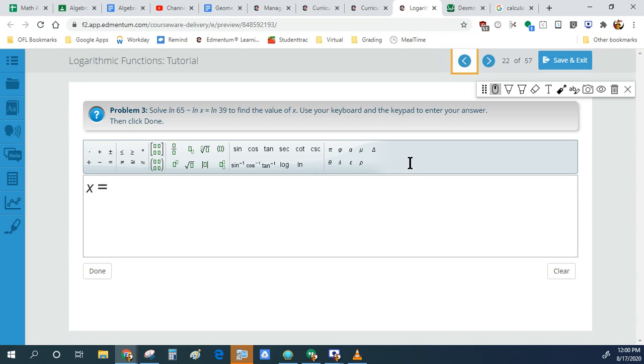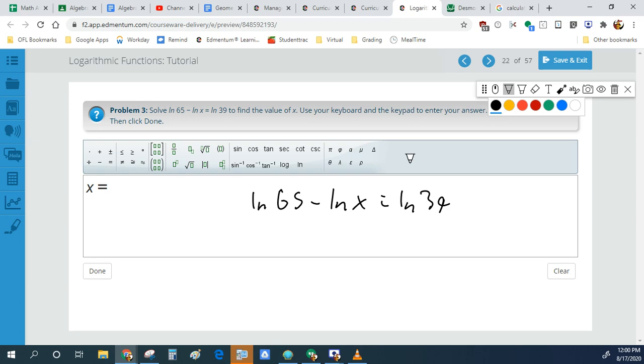So if I have ln of 65 minus ln of x equals ln of 39, first, I want to make everything into two nice ln's.